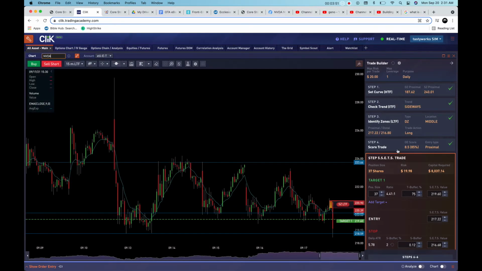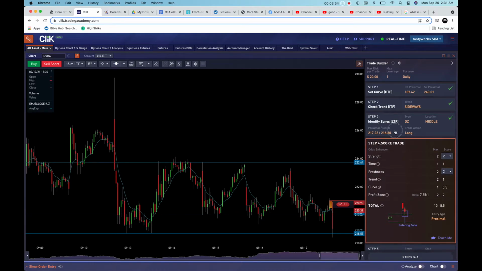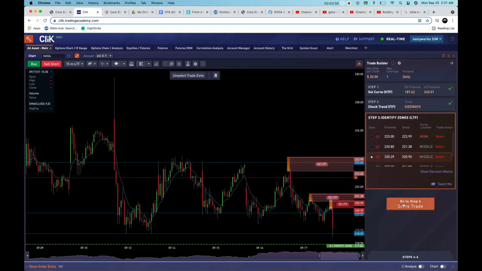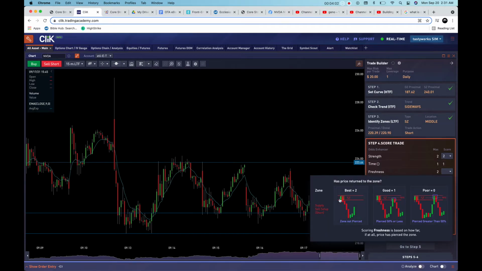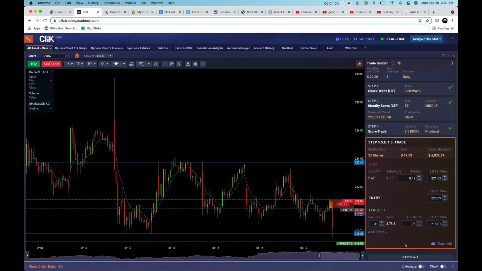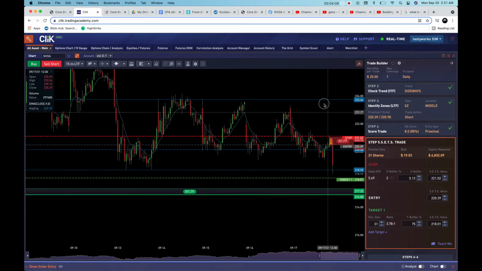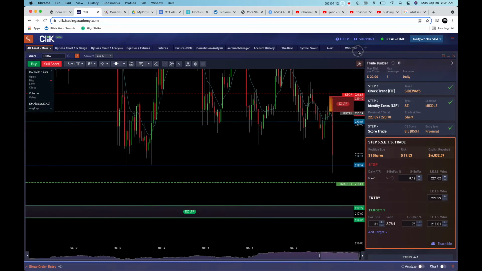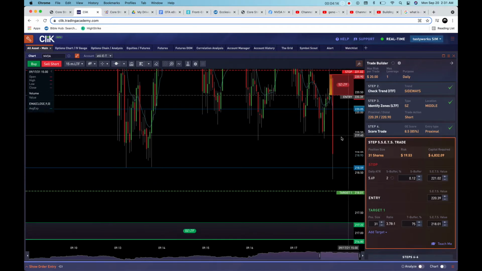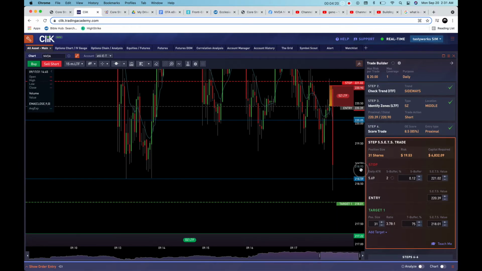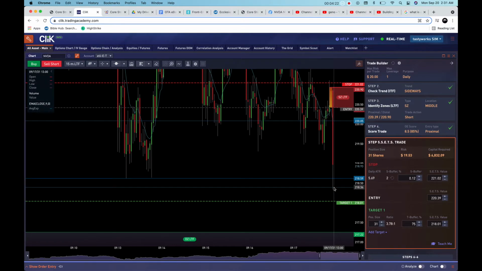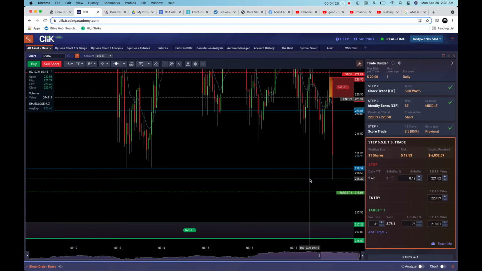I think I have a short position mapped out already, and I do. Okay, we'll just say 2, and we're going to go to the next step. Okay, stretch this out a bit. Okay, so here we have a short position.